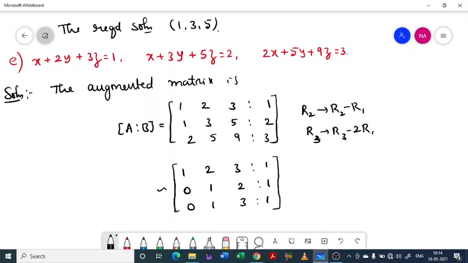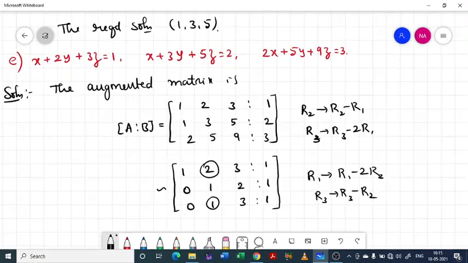Now we have to make these two 0, right? R1 changes to R1 minus 2R2, and R3 changes to R3 minus R2.